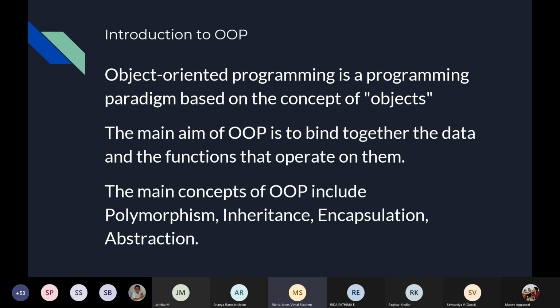First of all, what is object-oriented programming? Object-oriented programming is a programming paradigm based on the concept of objects. So what is a paradigm? A paradigm means that it's a pattern.